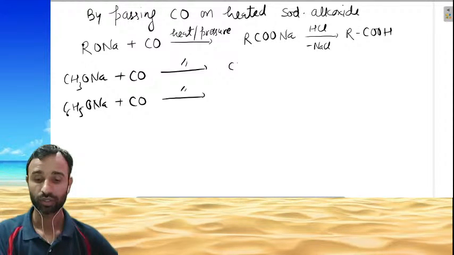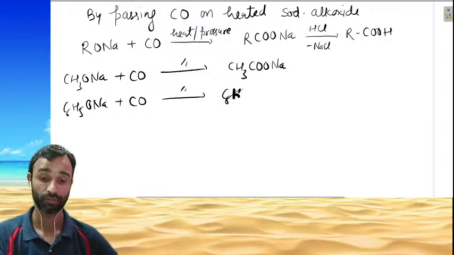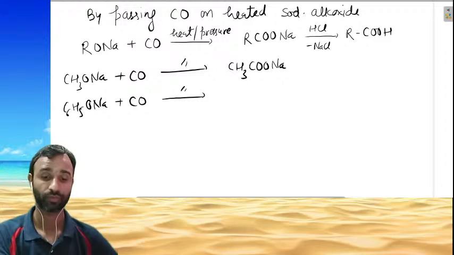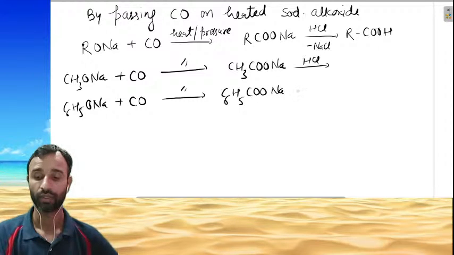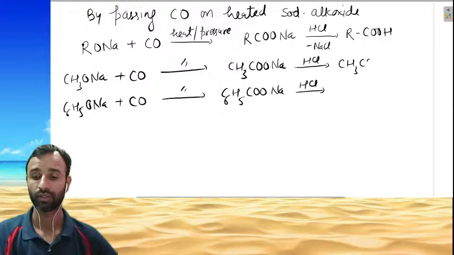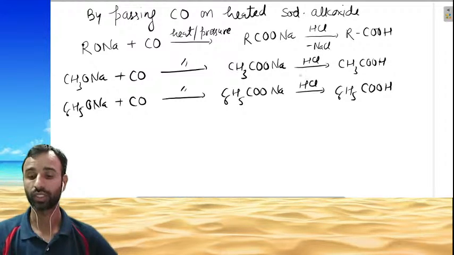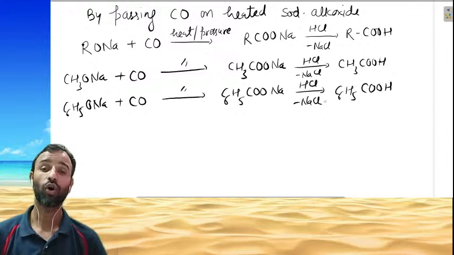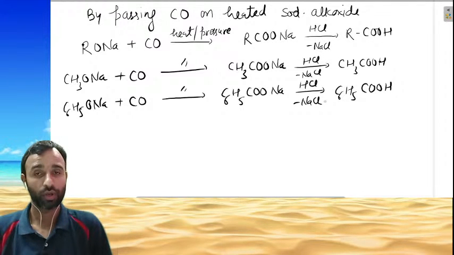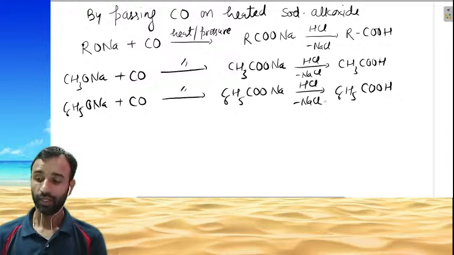So we get CH3COONa, C6H5COONa, which on acidification we get acetic acid and benzoic acid. Sodium chloride is removed. So that's all about the preparation of carboxylic acids. Any doubt up to this?